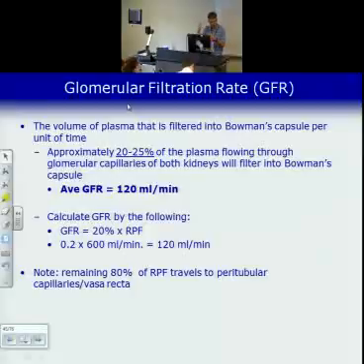So filtration rate is based on that number. If we know that 20% is kind of our average norm, and we know that renal plasma flow is 700, 600, you just plug the two in and do the math, and you come up with a number of about 120, 110, 130 mLs per minute that are going on.